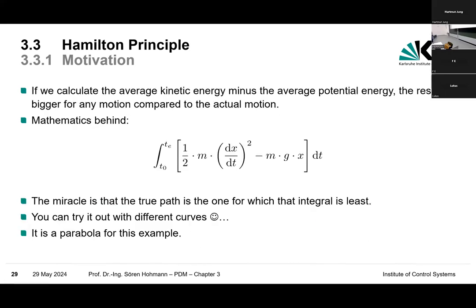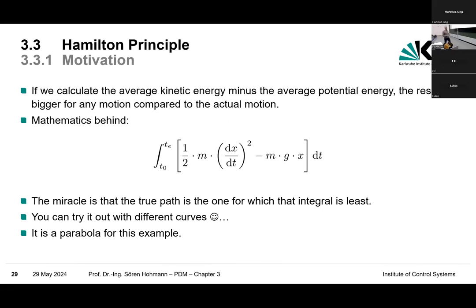And the interesting fact, what one observes, is that the average kinetic energy minus the average potential energy is minimized. So if you take the average of the kinetic energy, how do I get the time average of the energy? I integrate the energy over time divided by the time spent, right?